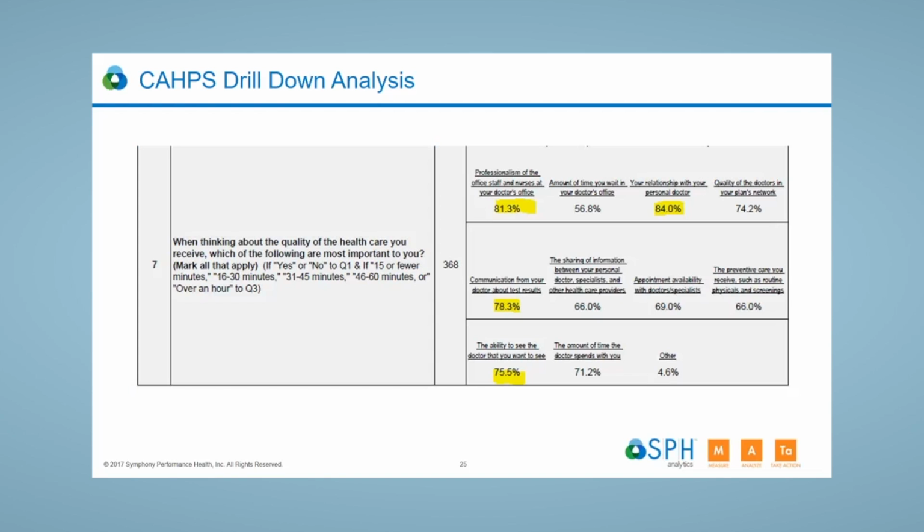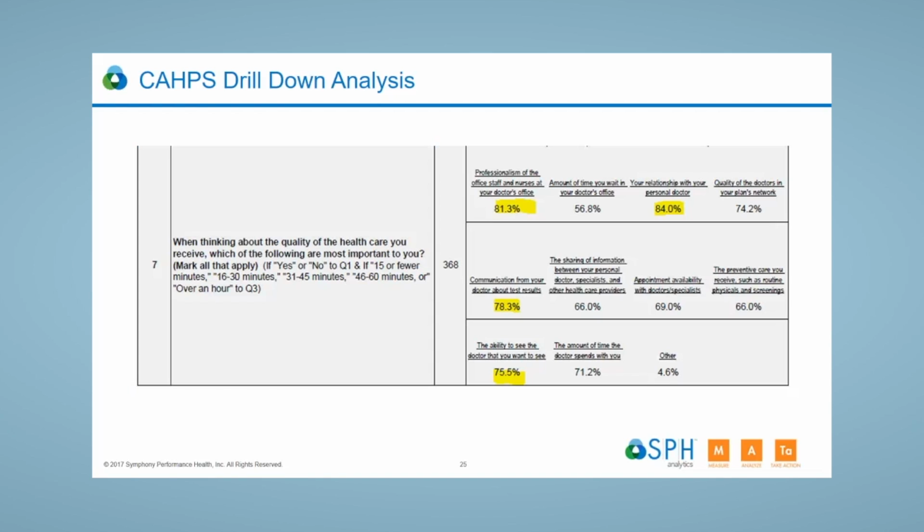Next slide, please. One of the other things we wanted to focus on was the quality of health care they received. This is one of the rating questions. We wanted to know how they define quality of care, and so we asked them what were their most important factors relating to the quality of care. Some of these you may be able to anticipate. One of the biggest areas was the professionalism of the office staff. Another one was a relationship with their doctor, communication from their doctor about their test results, which was interesting, a high rating.